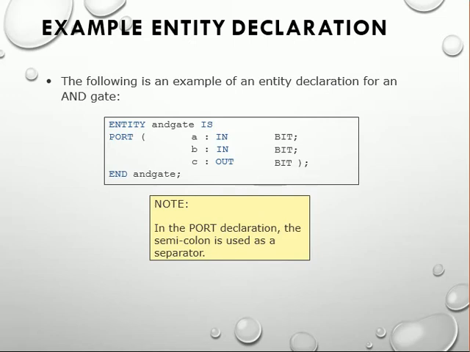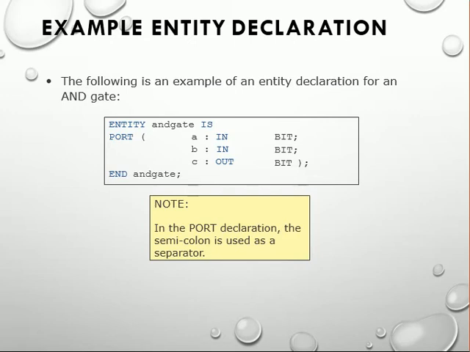Now this is the output port, so there is a keyword that we need to use, that is out, and as the output is a bit type, that is why bit is written. Now all the ports are declared, so complete the bracket and then there will be a semicolon.